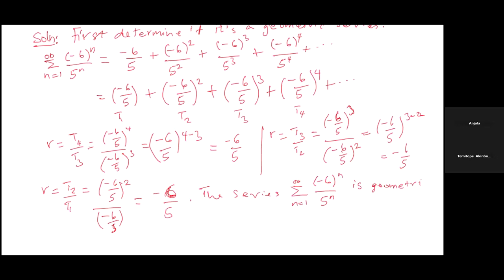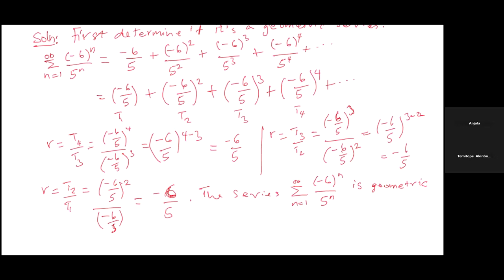But that was not what the question demanded from us. The question demanded that we determine if it is convergent. Now, we have to do this ourselves to answer that question. The reason for checking if it is geometric is that if it is geometric, all we need to decide if it is going to be convergent or not is the common ratio.